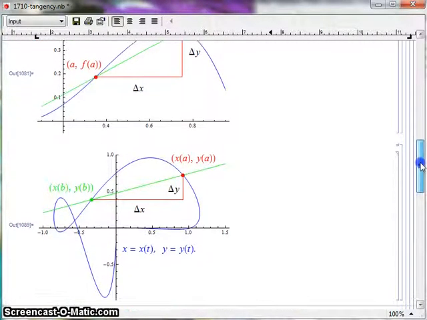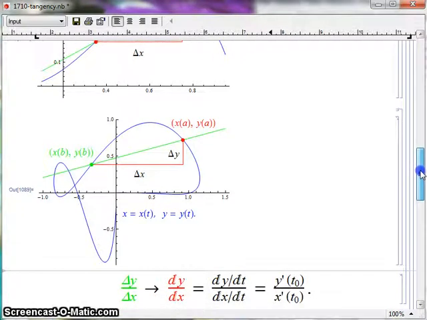Here we're going to do the same thing with a parametric curve. Here's an example of a parametric curve. Let's suppose we have an interesting point here, and we take a second reference point over there. We have the difference of y coordinates over the difference of x coordinates, delta y over delta x.